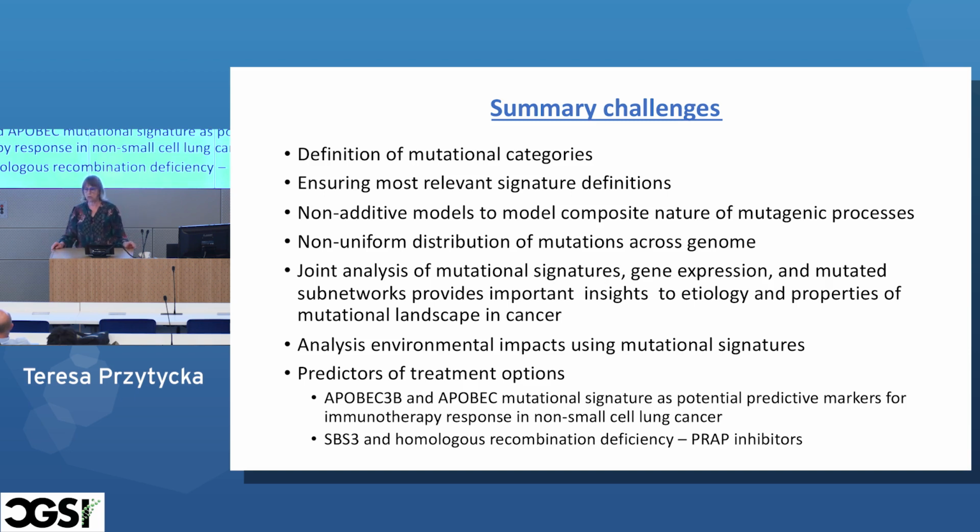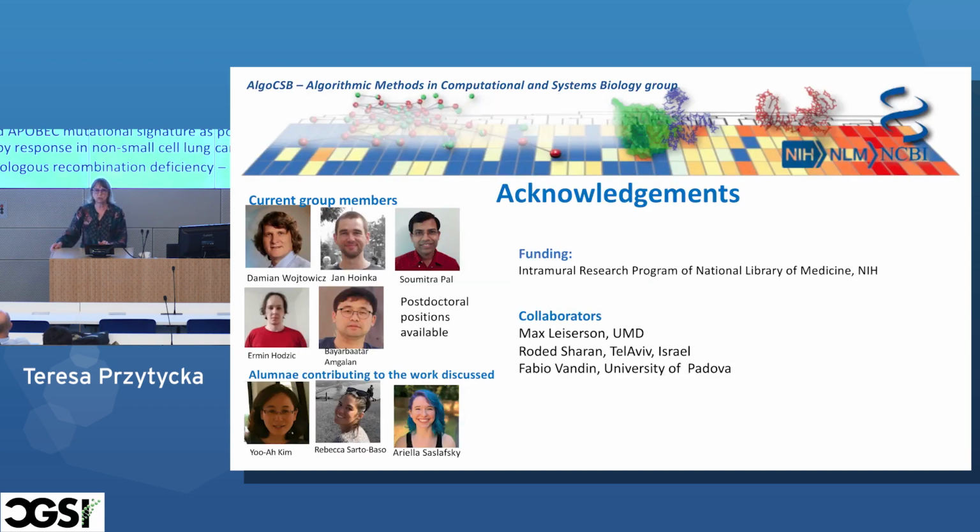SBS3 is a known signature for homologous recombination deficiency, and it is known that PARP inhibitors work well on those pathways, and we hope to see more and more as we understand what the signature means, what pathways they hit, and what may be the synthetic lethal pathway to hit with drugs. So with this, I would like to conclude and see if there are any questions.